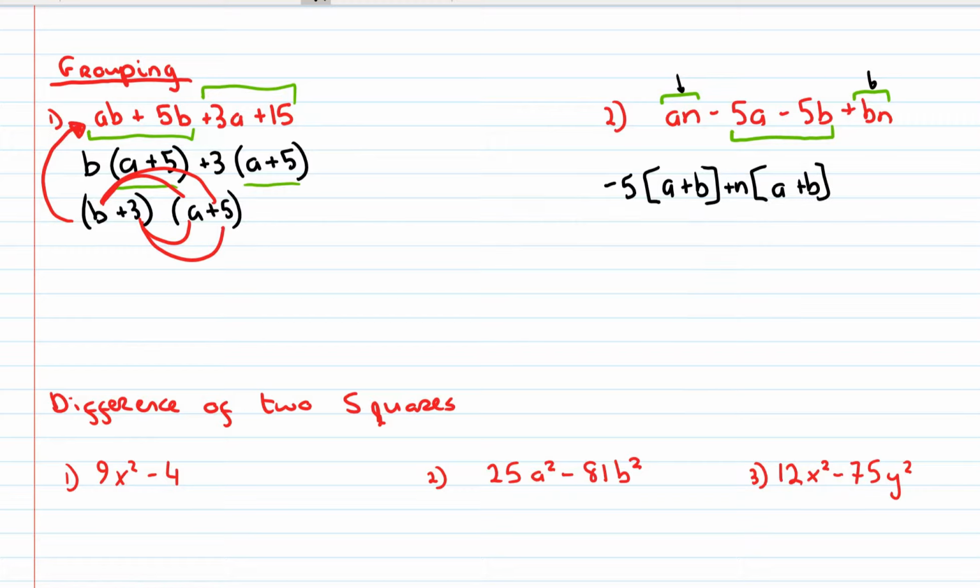Okay, this actually also works, because I have the same in both brackets. So I have minus 5 plus n and a plus b. Okay, if I multiplied this all out, I would get back to here.